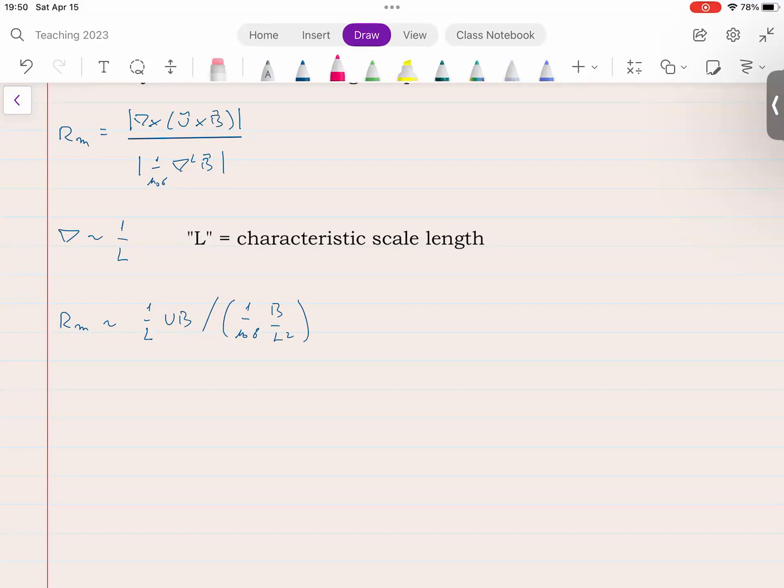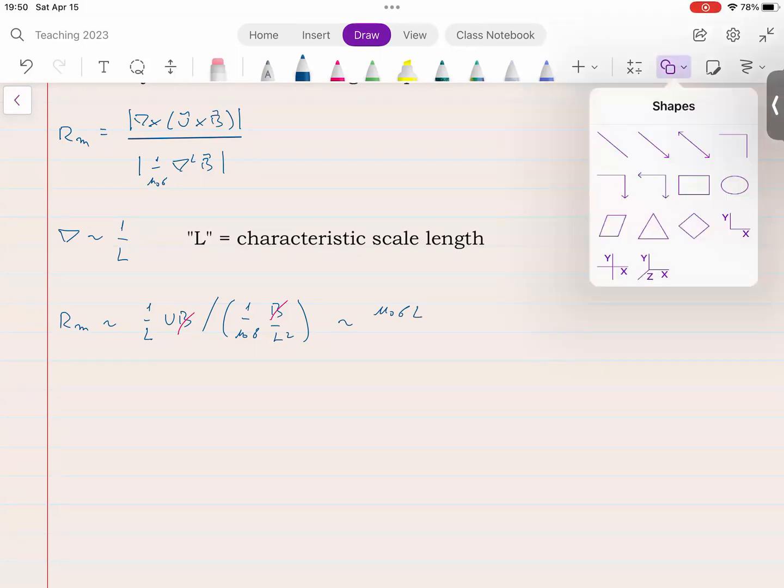Now I can, of course, get rid of B. So perhaps surprisingly, or maybe obviously, this does not depend on the scale of B. I take mu naught sigma L squared to the numerator.